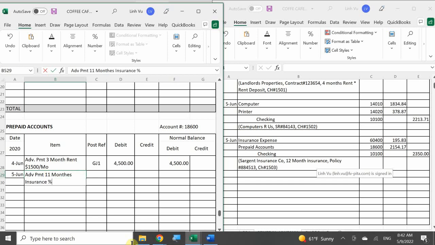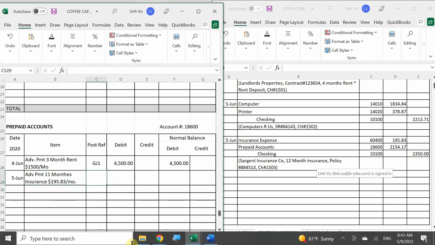And you can even put in that it's $195.83 per month. That was in my journal, page 1.